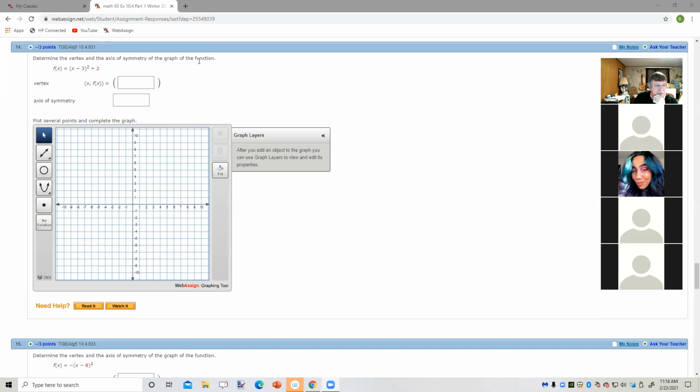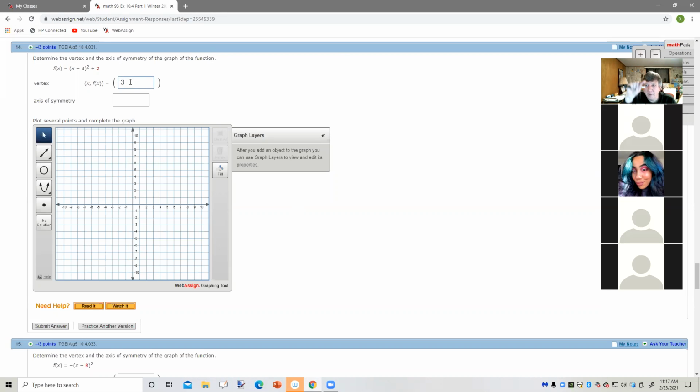Determine the vertex and axis of symmetry of the graph of the function. Now the vertex would be at (h, k). So what is h? It's 3.